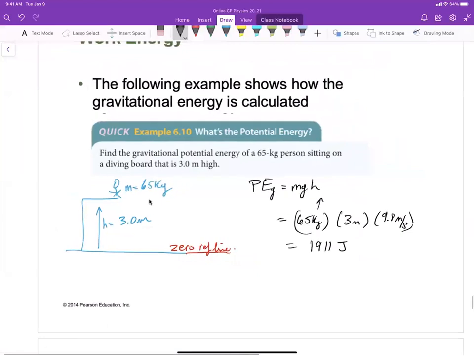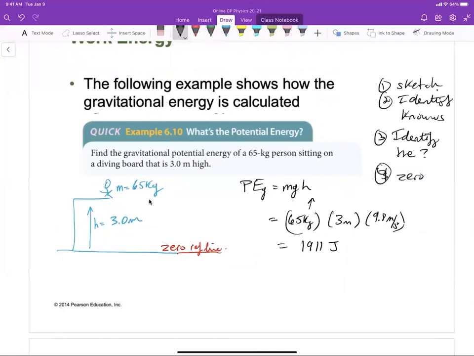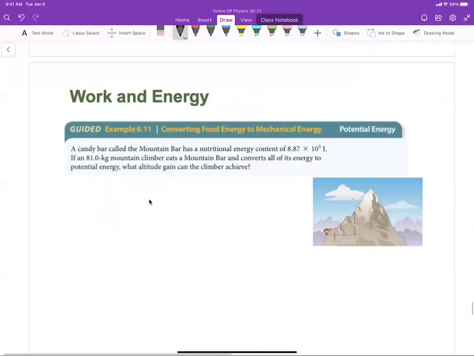So the steps involved, again, same steps I always use: sketch, identify what was given, your knowns, identify what they're asking for, and in this case, we need to identify the zero reference line. Okay.